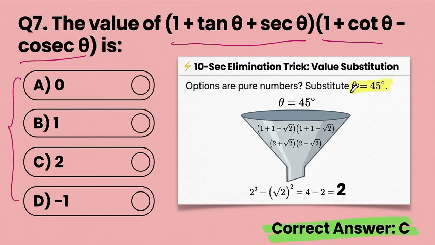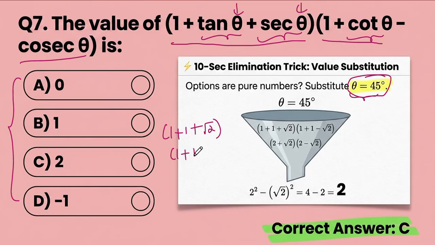If we choose theta as 45 degrees, because at 45 degrees tan and cot are 1, it is very easy to solve. So 1 as it is, plus tan 45, that is 1, plus sec 45, which is root 2, multiplied by 1 plus cot 45, which is 1, then minus cosec 45, which is root 2.